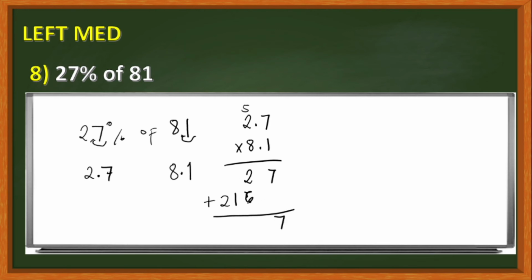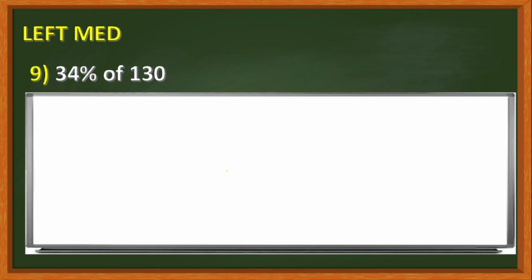It should be 8, 1, 2. Then count the number of decimal places. We have 1, 2. So 27% of 81 is equivalent to 21 and 87 hundredths. So let's try another one.